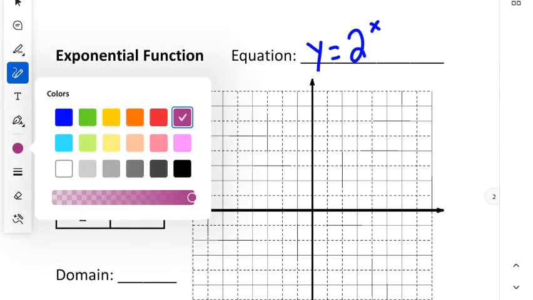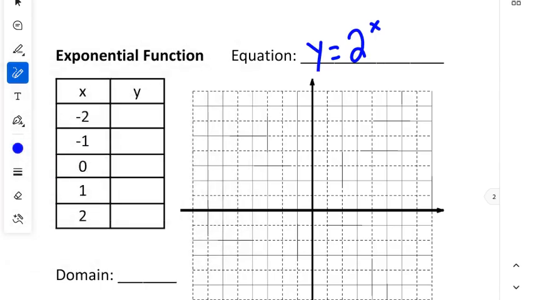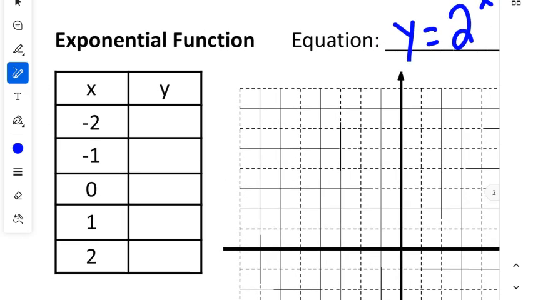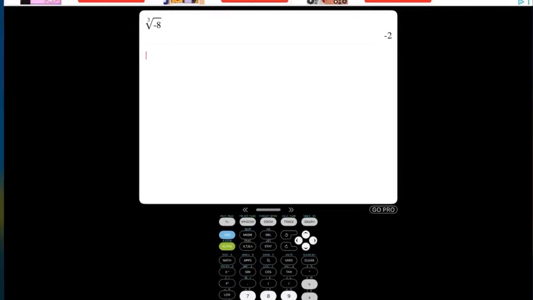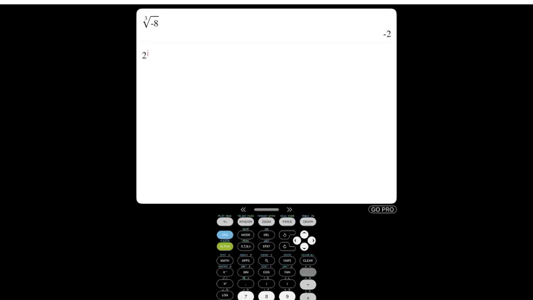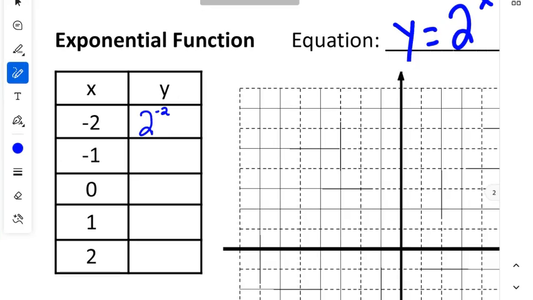All right. 2 raised to the x. So we would do negative, oh no, it's positive 2, isn't it? It'd be 2 raised to the -2. Yeah, 2 raised to the -2. 0.25.